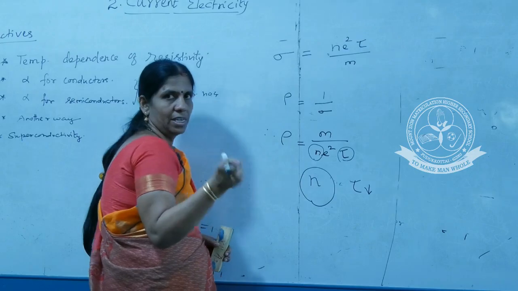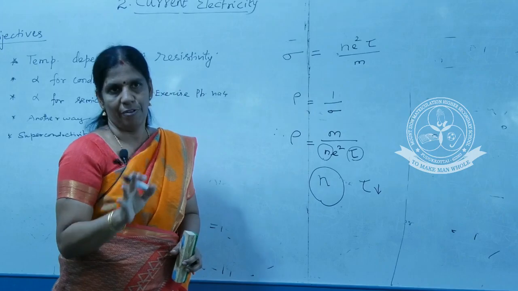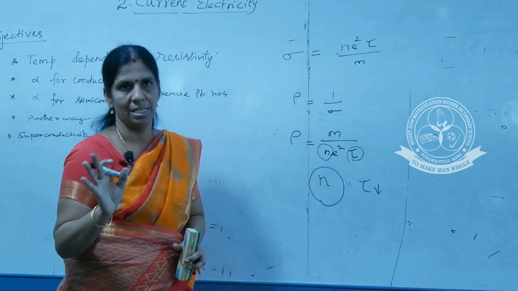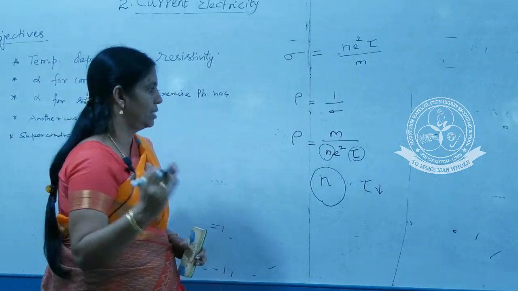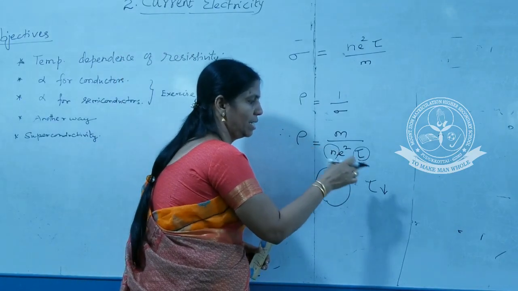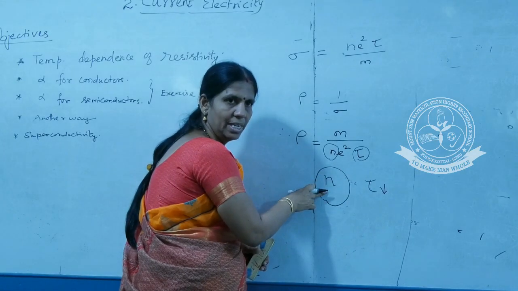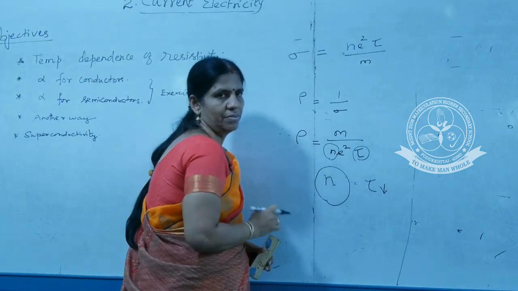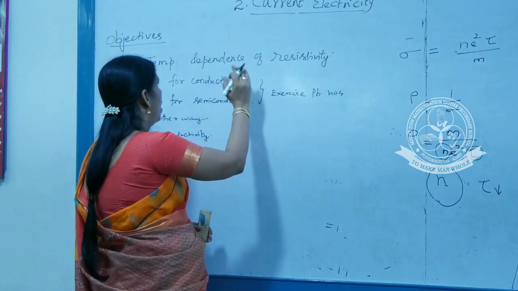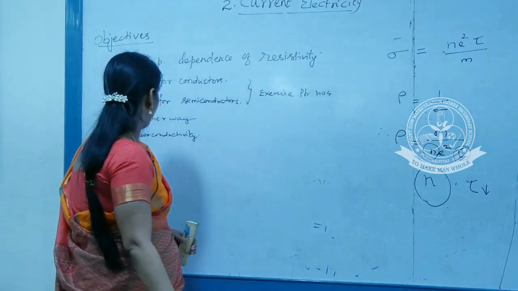But in the case of conductors, you should remember that temperature in no way affects the number of electrons present in the conductors. It happens only in semiconductors that if you increase the temperature, automatically n increases, that even though it results in the decrease of tau value, increase in n is dominant, that is why its resistivity decreases. So this is another way of explaining how the resistivity is dependent on temperature.